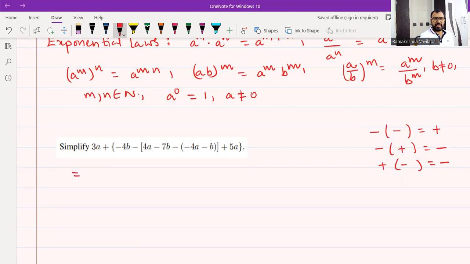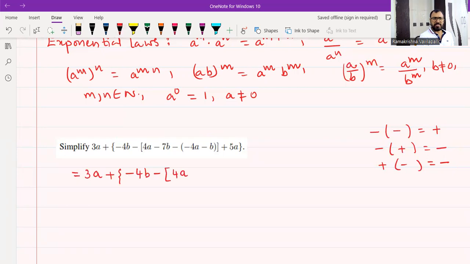Here 3a you write as this. We will simplify the inside of the flower bracket first. Minus 4b. Minus, this bracket is there, 4a.